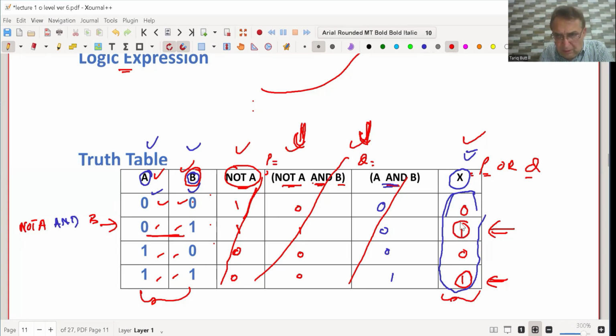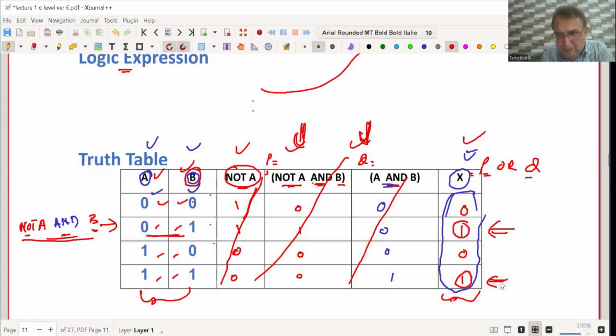Against every 1 in the output column, just build one product term, connected with AND, in such a way that if a variable is 0, just not that, like not of A, and if a variable is 1, just use it as it is, I mean B. So this sub-expression will be against this one.